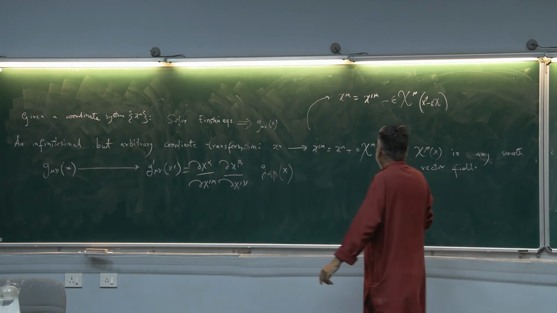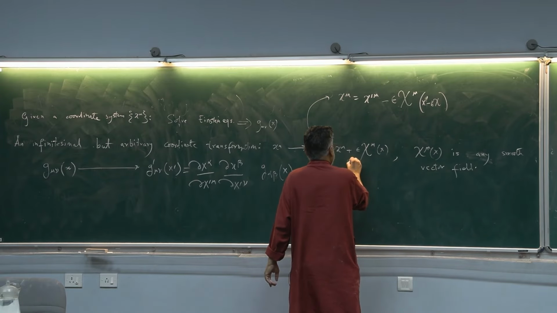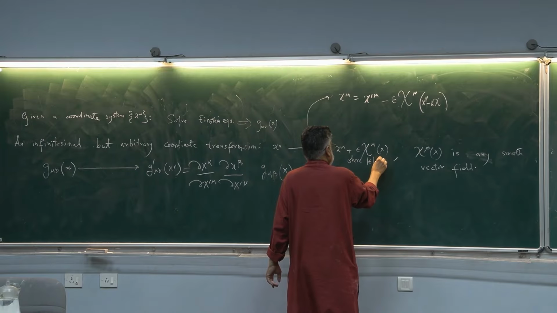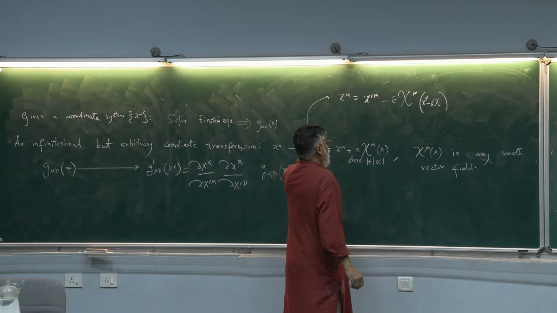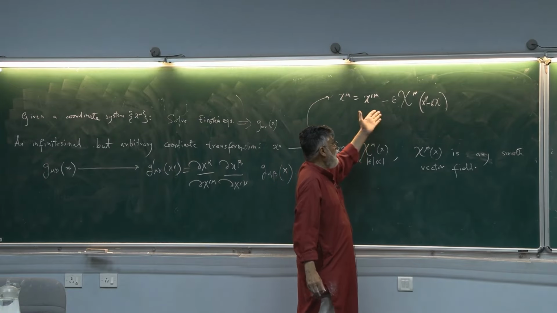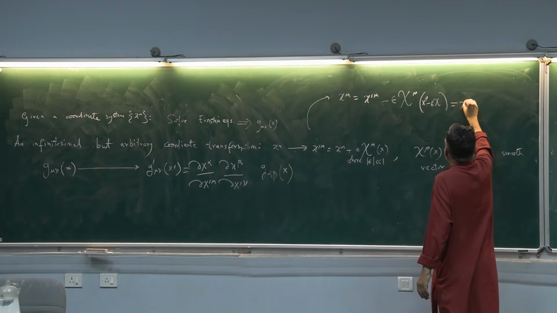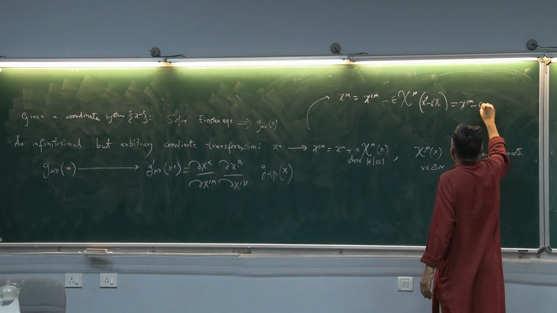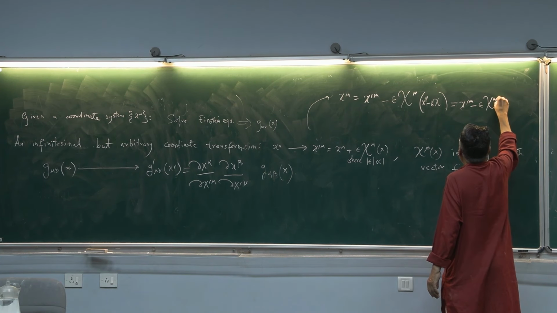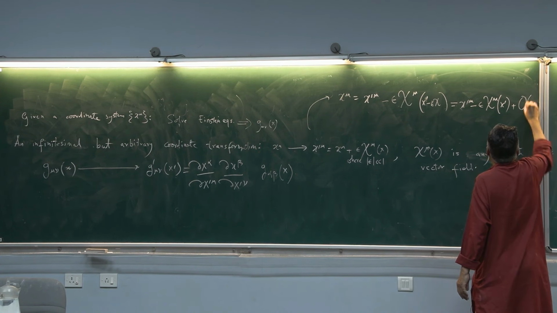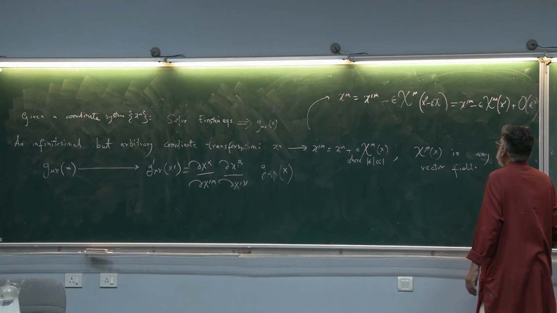I should have mentioned that epsilon is very tiny, where mod epsilon is much, much less than 1. So up to first order, it is the same as x prime^mu minus epsilon chi^mu of x prime itself, plus order epsilon squared. I hope this is clear.